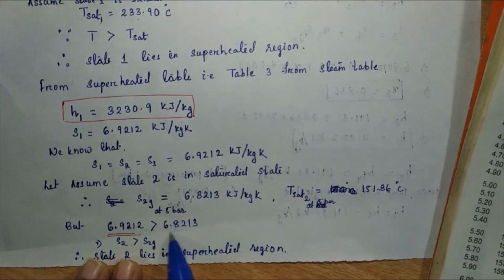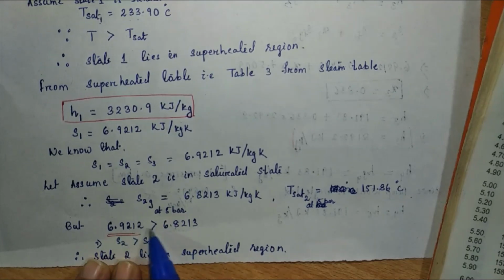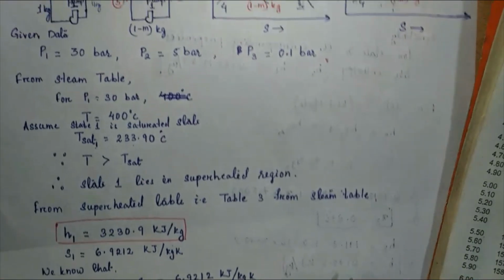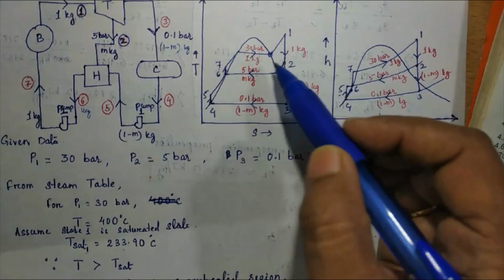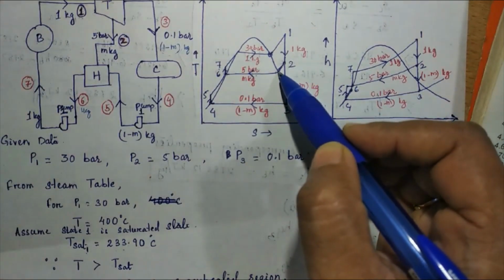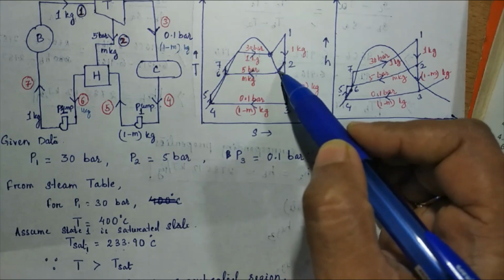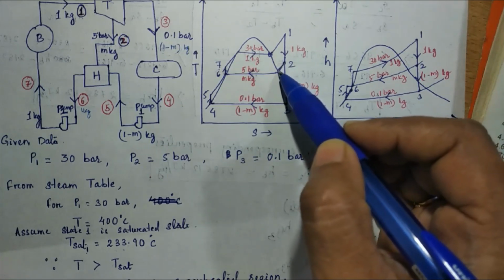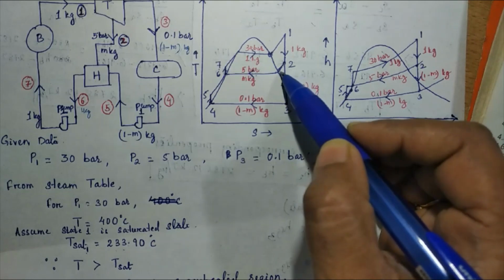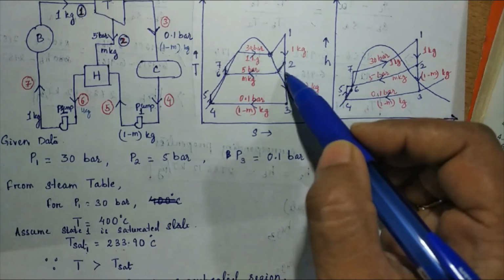So as this is less than 6.9212, it means if I consider the state to be saturated, here the value must be 6.8213, but the value is 6.9212, which is greater than this. So this must come towards the right. If it comes towards the right, it means this is the superheated region.